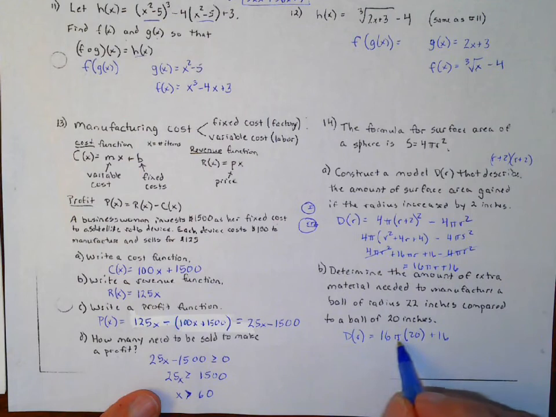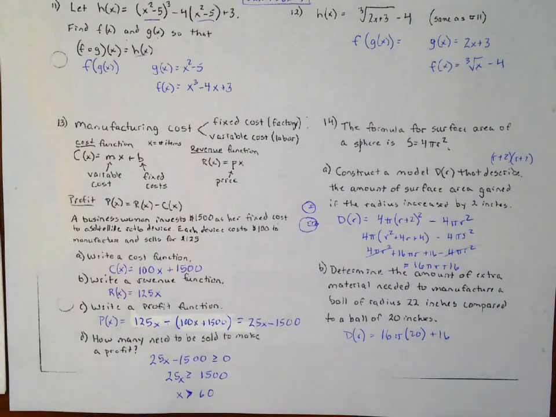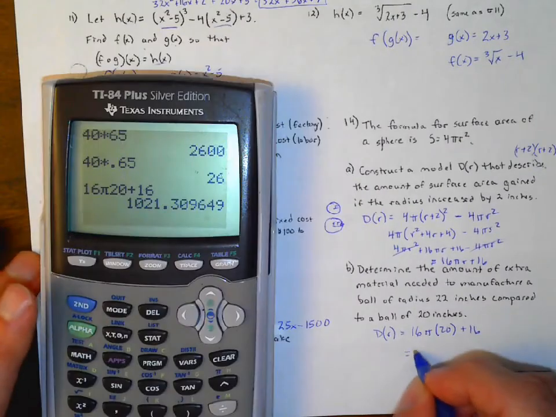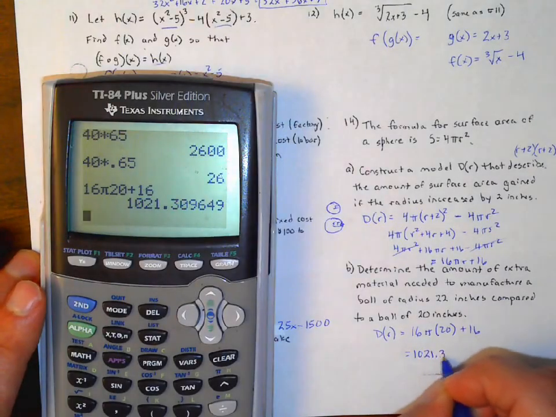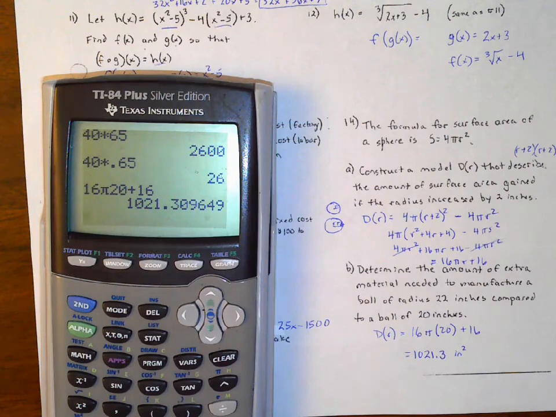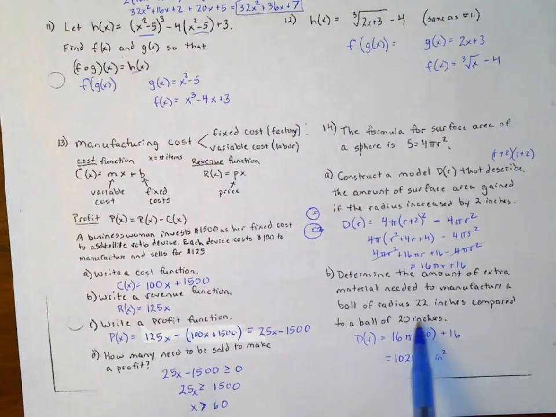And if you multiply this together, 16 times pi times 20 plus 16 more gives you that many square inches. So it takes that much more material to cover the outside of a ball of 22 inches versus 20 inches.